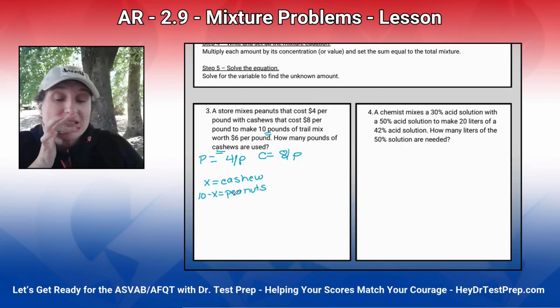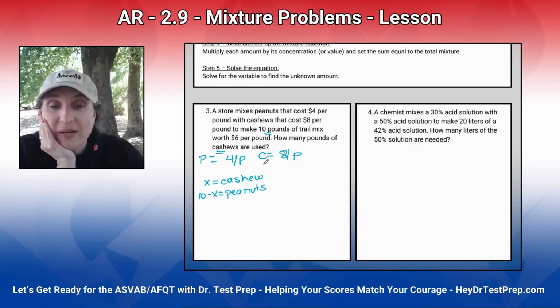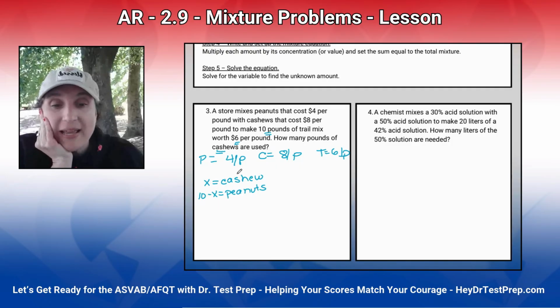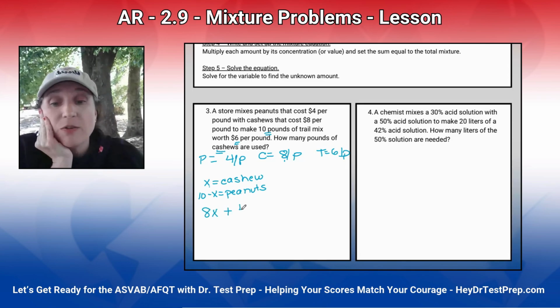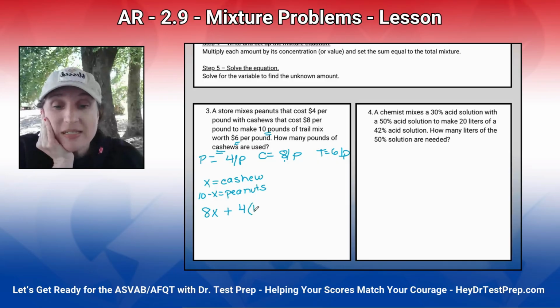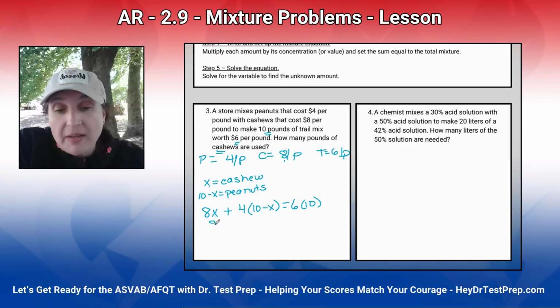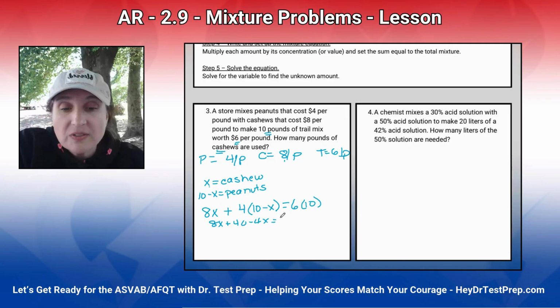So now we're going to solve this all together because we want it to be $6 per pound total. So we're going to do $8 times X for the cashews plus $4 times 10 minus X for the peanuts equals $6 times the 10 pounds. 8X plus 40 minus 4X equals 60.